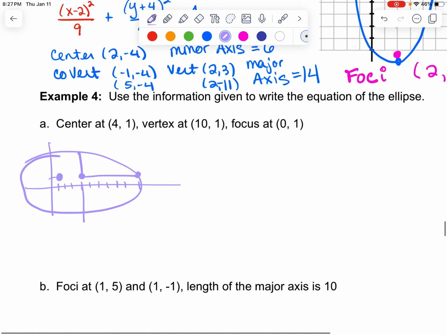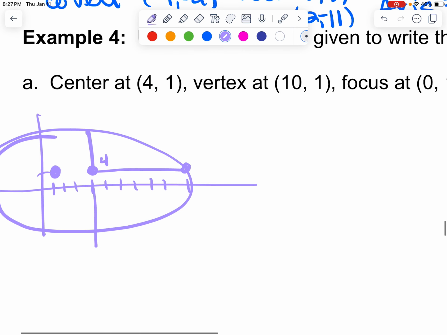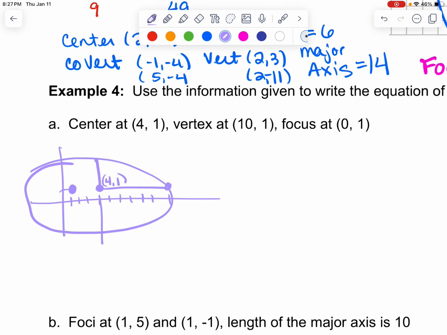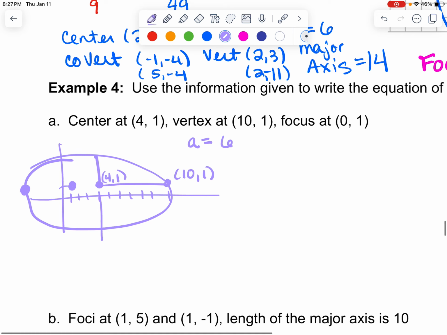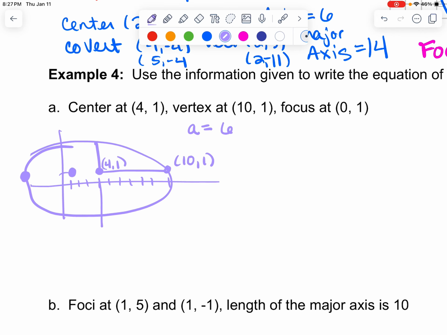Okay, so if my center right here is at 4, 1, and my vertex over here is at 10, 1, then my a value is the distance between those two points, which is 6 units. That means that this vertex over here also travels 6 units. So from positive 4 all the way over here, that's located at the point -2, 1, because that distance is supposed to be 6 units.